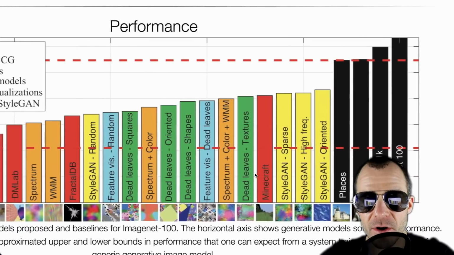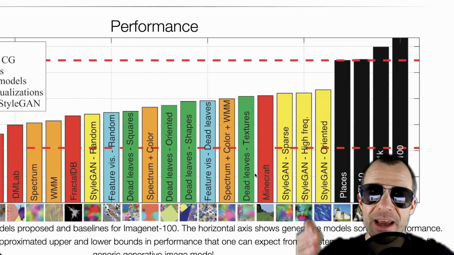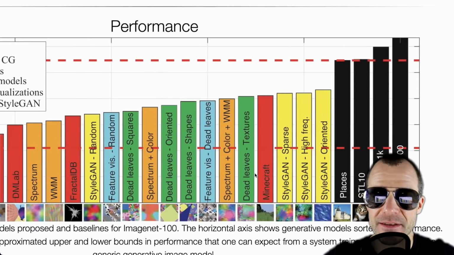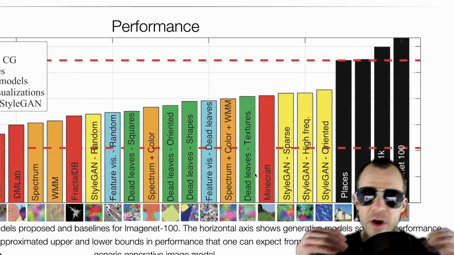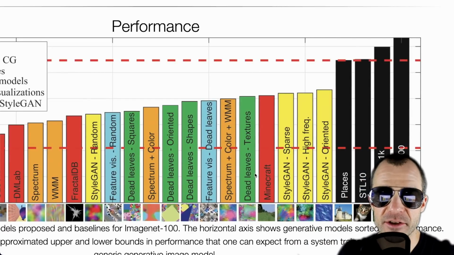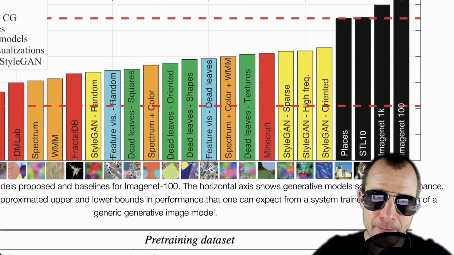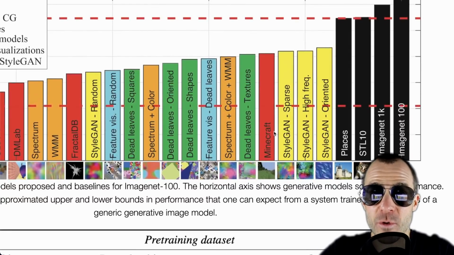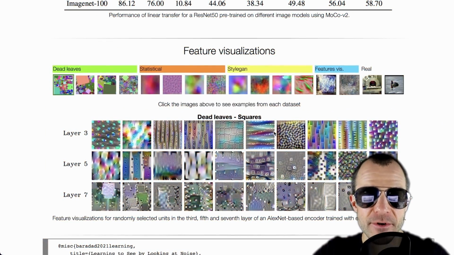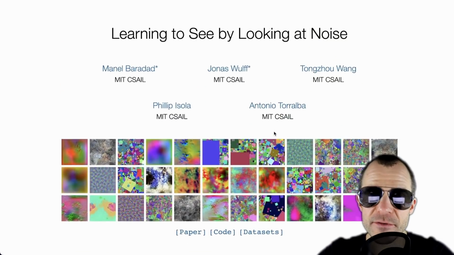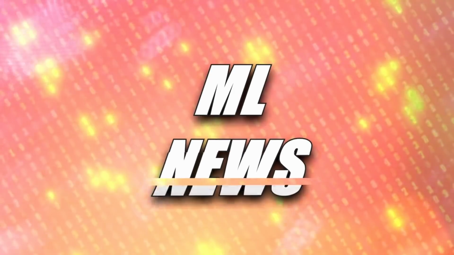Now these results are on pre-training on a dataset and then linearly adapting these models to ImageNet, which is obviously not the most performant thing to do, but it gives sort of a baseline. Also interesting is that apparently Minecraft images also do quite well. There's much more to this paper, including feature visualizations, evaluations, and so on. If you're interested, paper, code, and datasets are available.